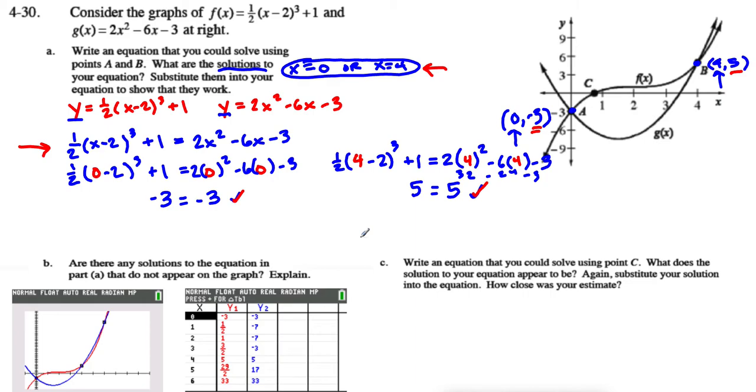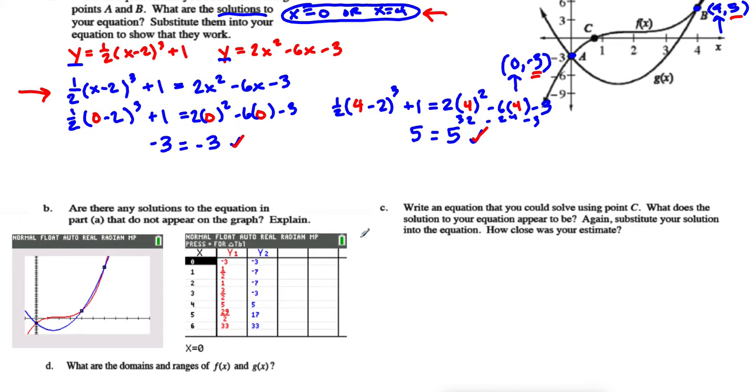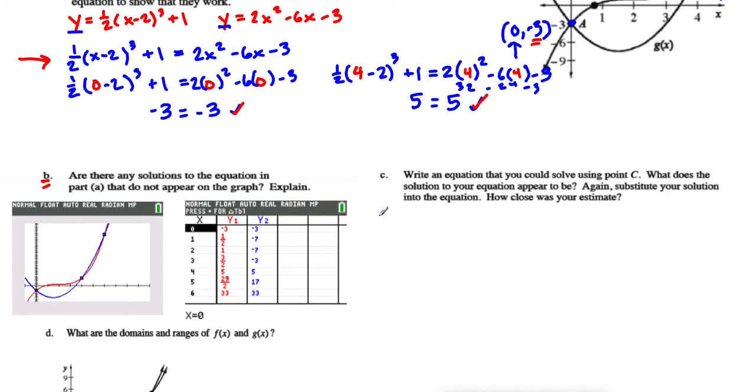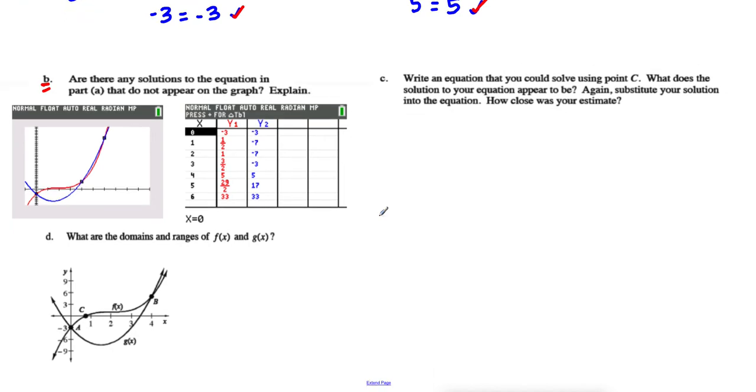So part B says, are there any solutions to the equation in part A that do not appear on the graph? Explain. What I did was I already graphed it on my calculator just for time's sake.